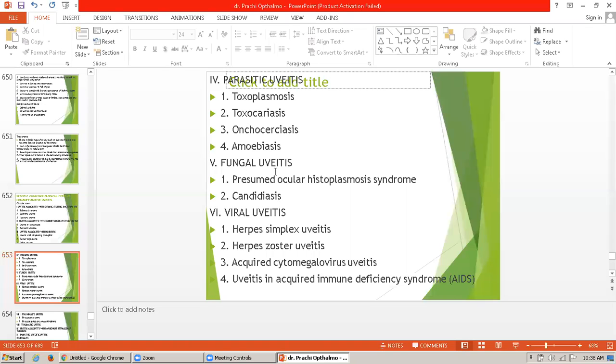Viral uveitis contains herpes simplex uveitis, herpes zoster uveitis, acquired cytomegalovirus uveitis, and uveitis in acquired immune deficiency syndrome, that is AIDS. So this uveitis occurs due to a virus, and it is called viral uveitis.